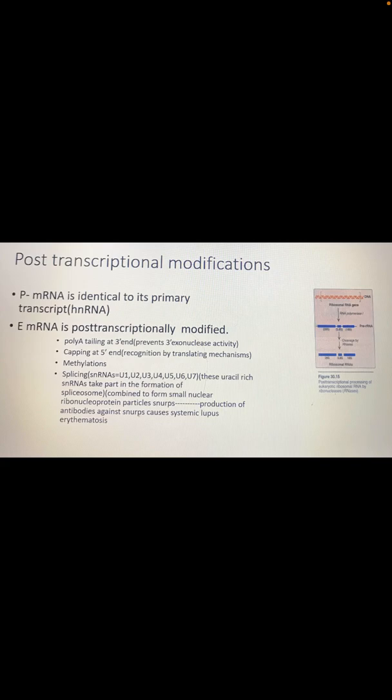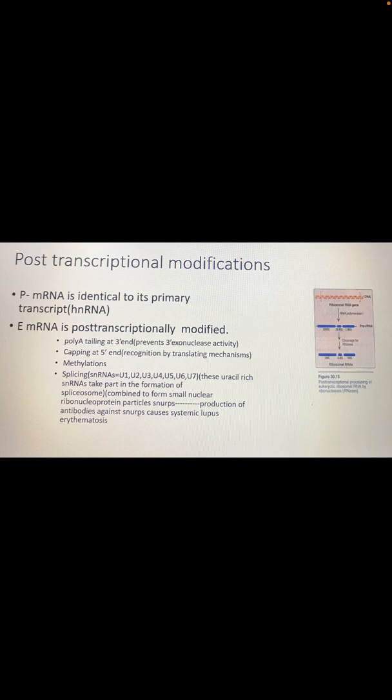What happens to this eukaryotic mRNA? Poly A tailing at the 3' end happens, and this is the termination of the transcription machinery, which prevents the 3' exonuclease activity. Also, to prevent the nuclease activity, 5' capping is done, and it also causes the recognition by the translation machinery, because we are going to study translation afterwards.